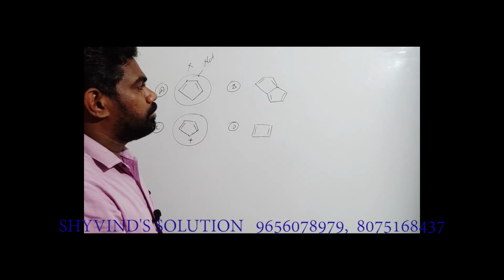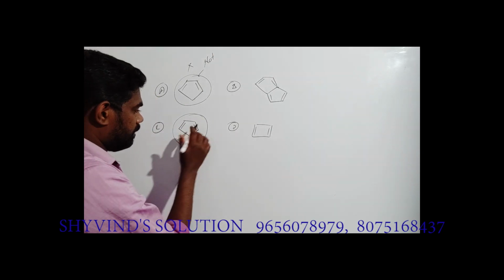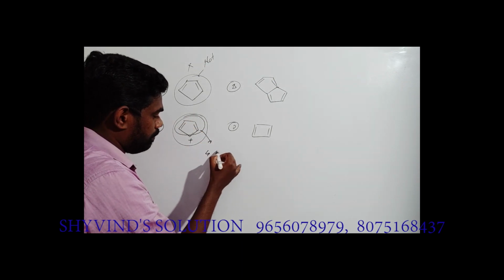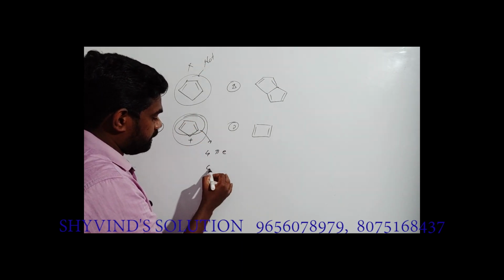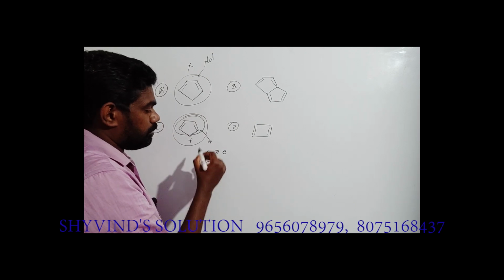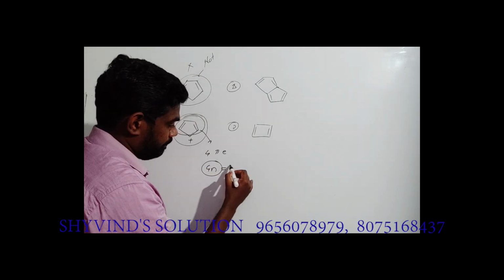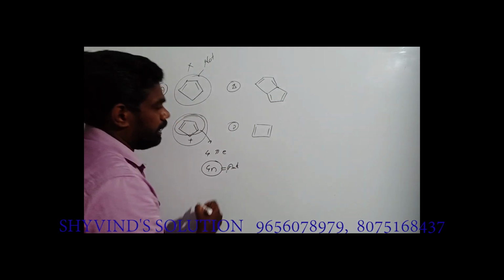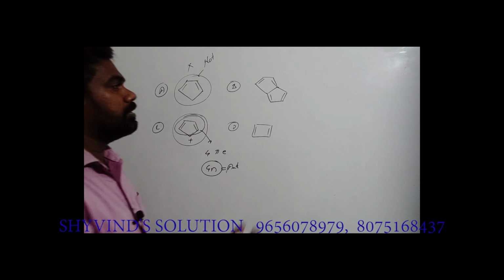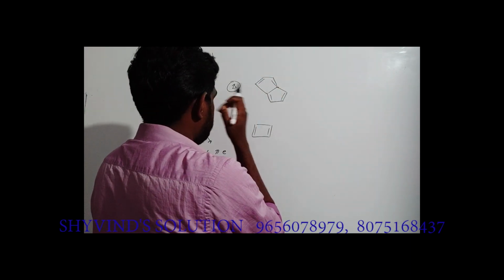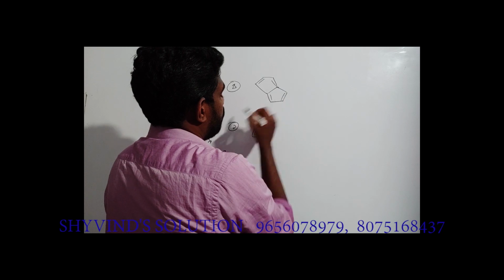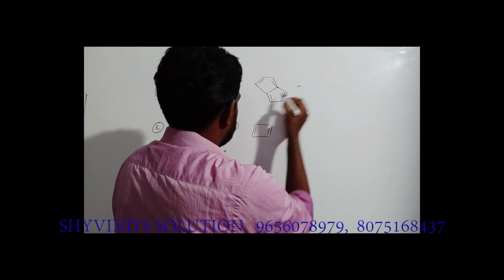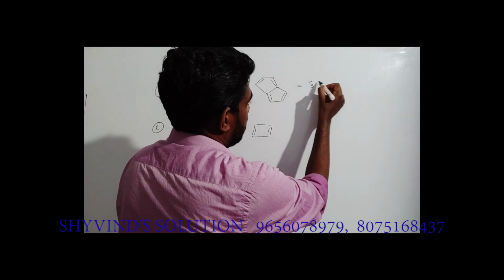Okay, so if you compare, what about the number of electrons? We have 4 pi electrons here, so that means this is a 4n system. Okay, so 4n system means this is anti-aromatic. Aromatic system means 4n plus 2 system. Here also you can see it here: 1 2 3 4 double bonds, sorry, 4 double bonds means 8 pi electrons.